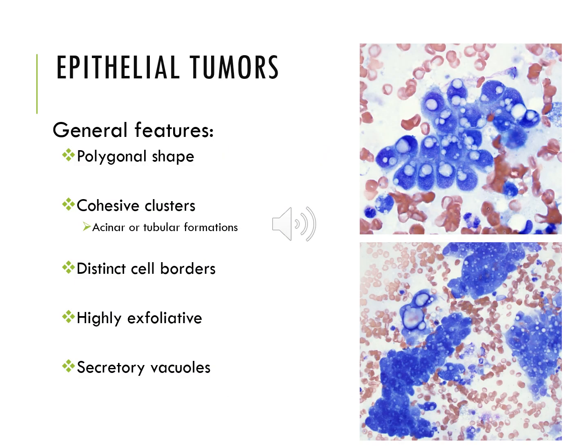The first specific type of tumors we're going to be discussing are epithelial cell tumors. These tumors have polygonal shaped cells, so cuboidal to columnar usually. They form cohesive clusters. They can be found individually as well, but they do typically form cohesive clusters. And they can form acinar or tubular formations.